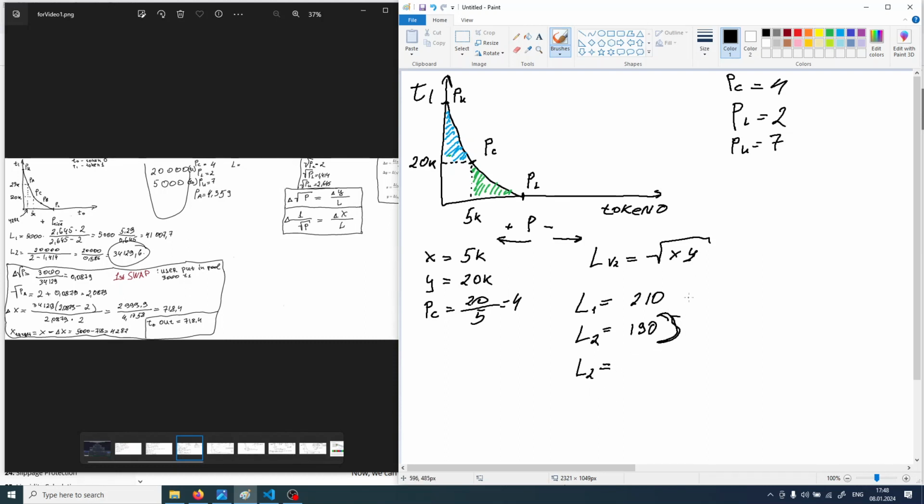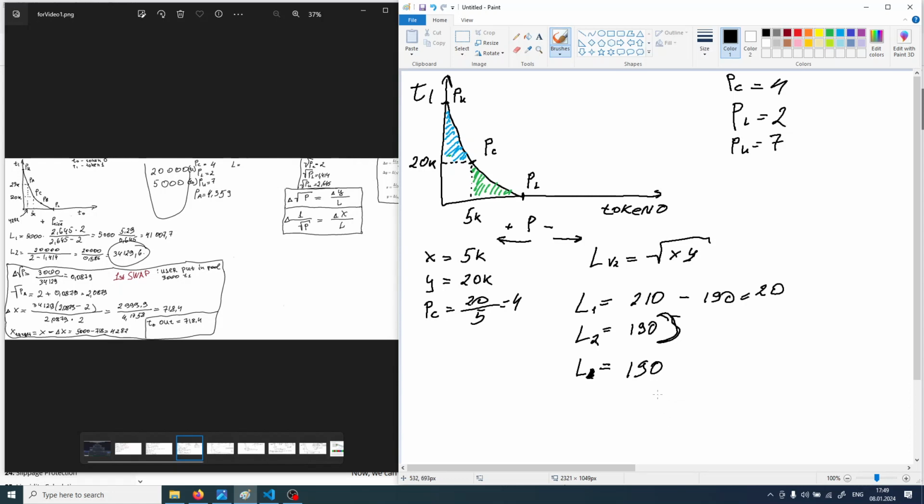We must cut some part of the tokens and take from the user liquidity equal to the left and to the right.